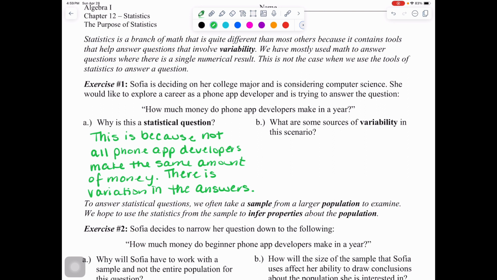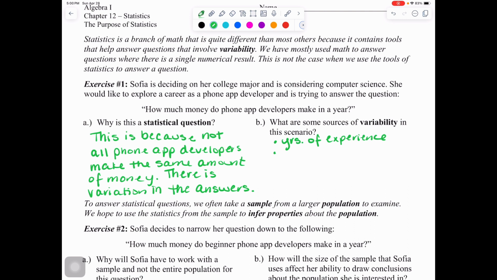So part B, what are some sources of variability in this scenario? So what would be some reasons why the answer to how much money you make would be different per person? So this could come down to years of experience. Maybe people who have worked longer make more money.